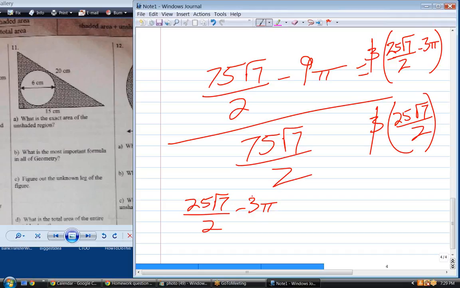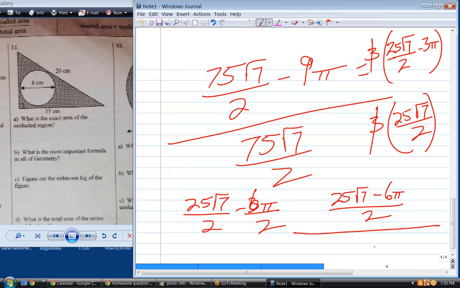In other words, 3 pi is the same as 6 pi over 2, right? And now I can write the numerator as 25 root 7 minus 6 pi all over 2. We're going to divide all of that by this denominator, which is 25 root 7 over 2.